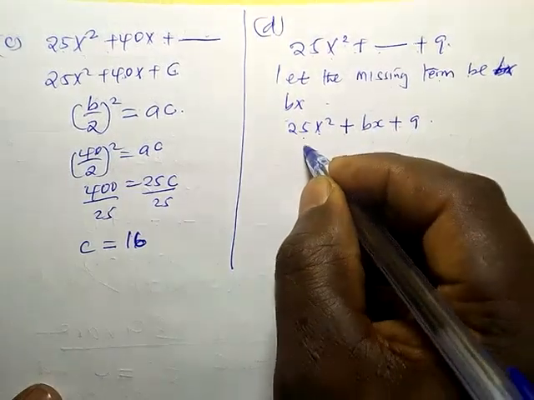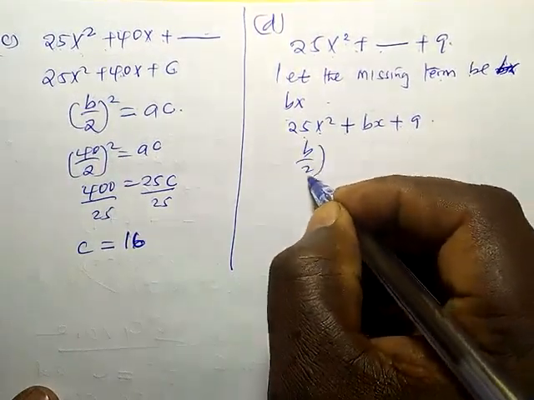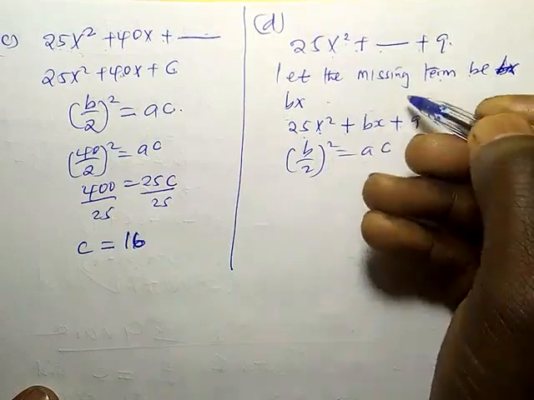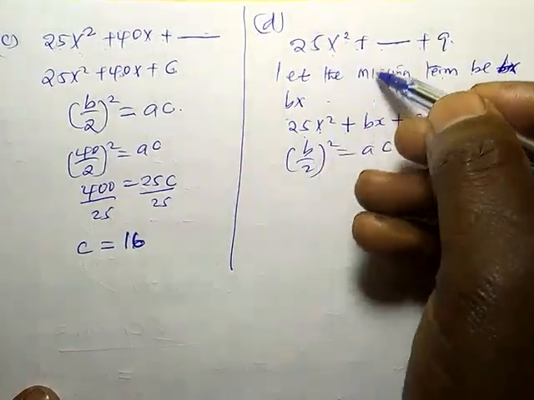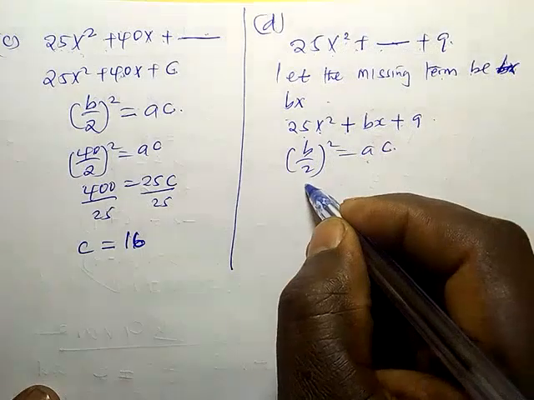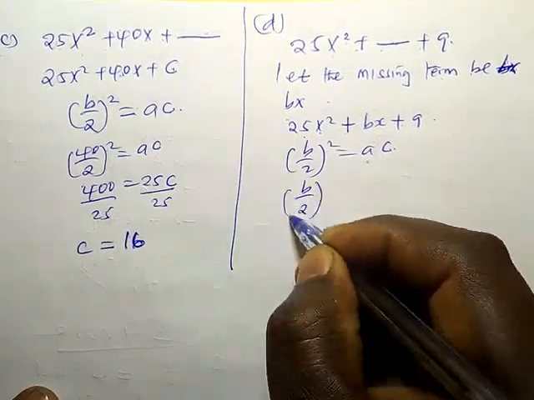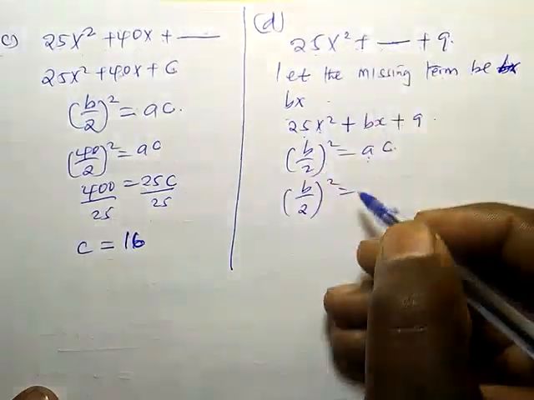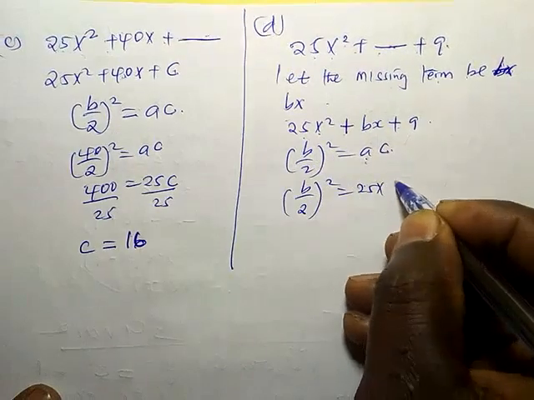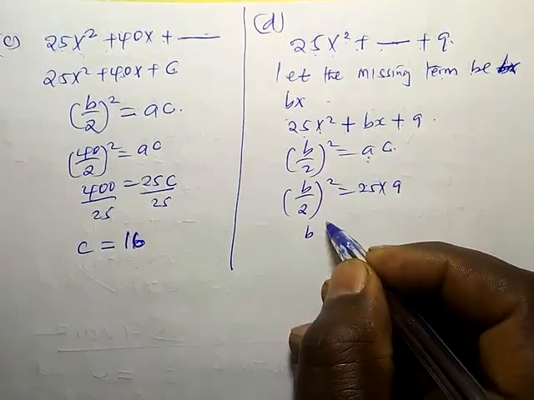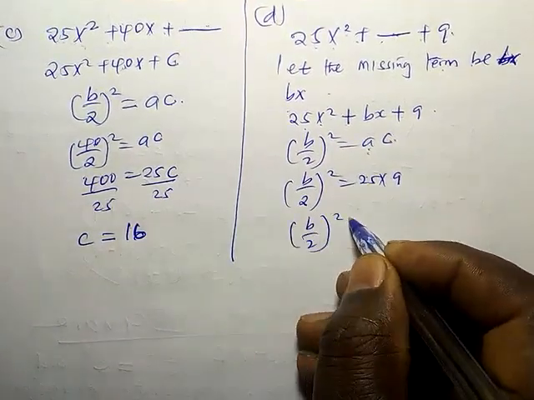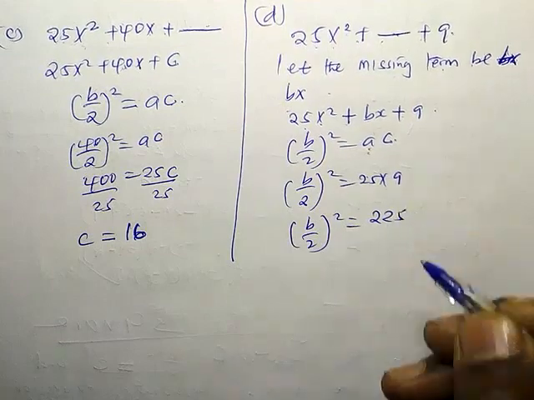So we are going to use the relationship b over 2 squared is equal to ac. So now we don't have b, but we have ac. So b divided by 2 squared equal to ac. a is 25 times 9. b divided by 2 squared equal to 225.